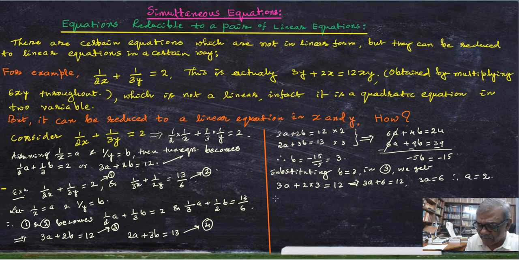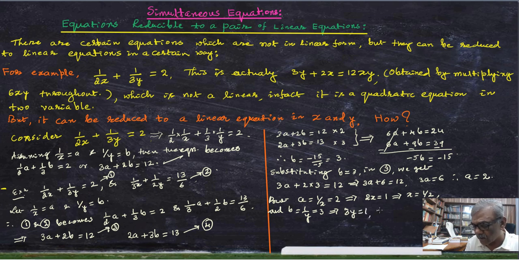But we have assumed that a equal to 1 by x is equal to 2, which implies 2x is equal to 1, and therefore x is equal to 1 by 2. And b equal to 1 by y, and that is 3, implies 3y equal to 1 and y equal to 1 by 3.